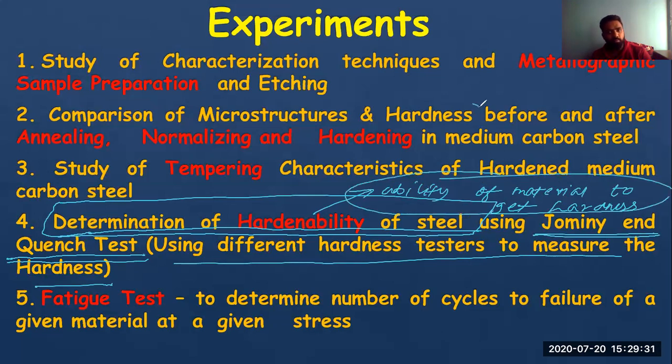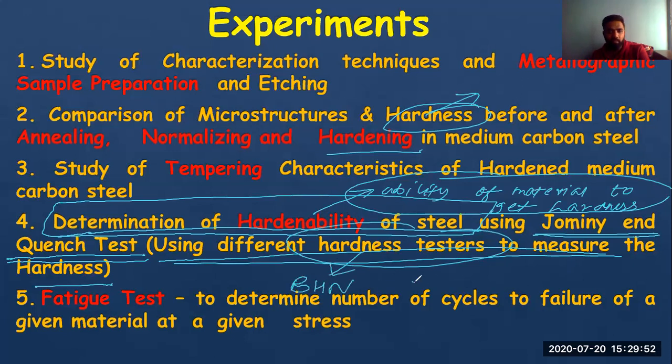Hardness value is related to hardenability. Here, you try to make the material as hard as you can, and after making that, you measure its hardness value by using a hardness tester. What are those hardness testers? Again, BHN, Brinell hardness number, and RHN, Rockwell hardness number. You can find the hardness value by hardness tester in terms of BHN or RHN.